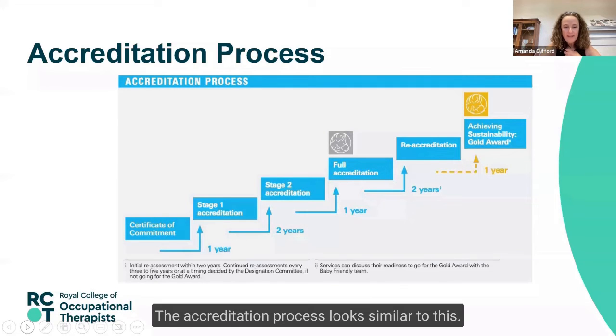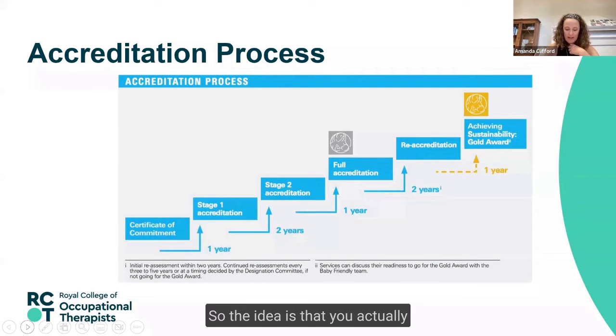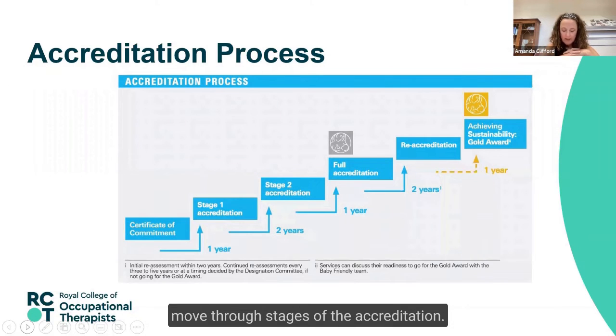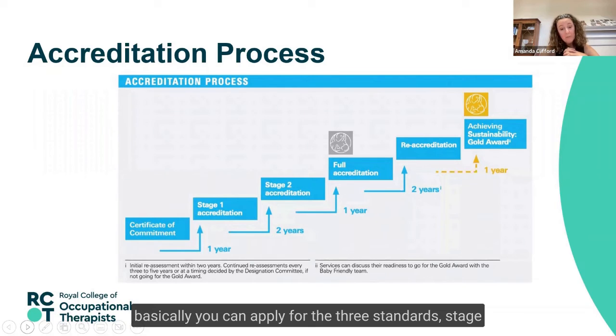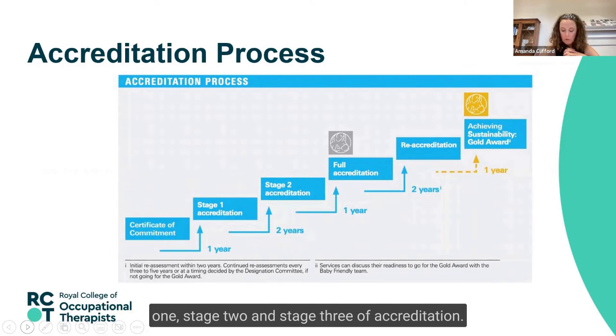The accreditation process looks similar to this. So the idea is that you actually move through stages of the accreditation. There's an audit tool initially to get started, and that uses interviews with clinical staff and parents, so you can map your process over time. And you basically can apply for the 3 standards, stage 1, stage 2, and stage 3 of accreditation.